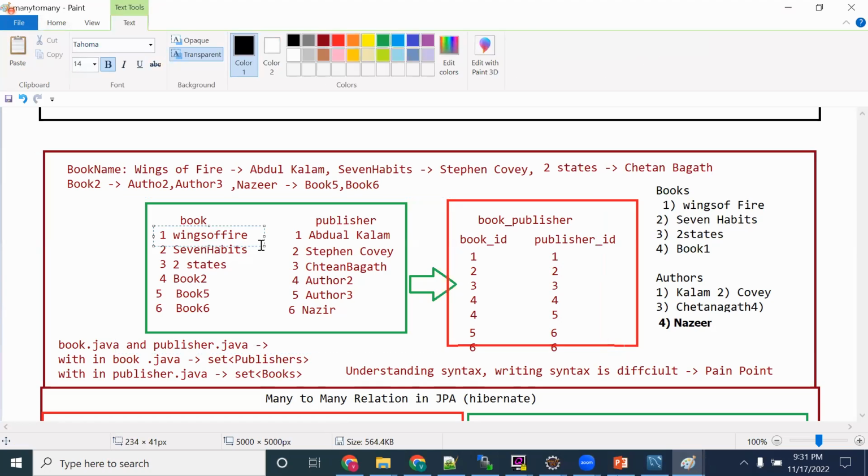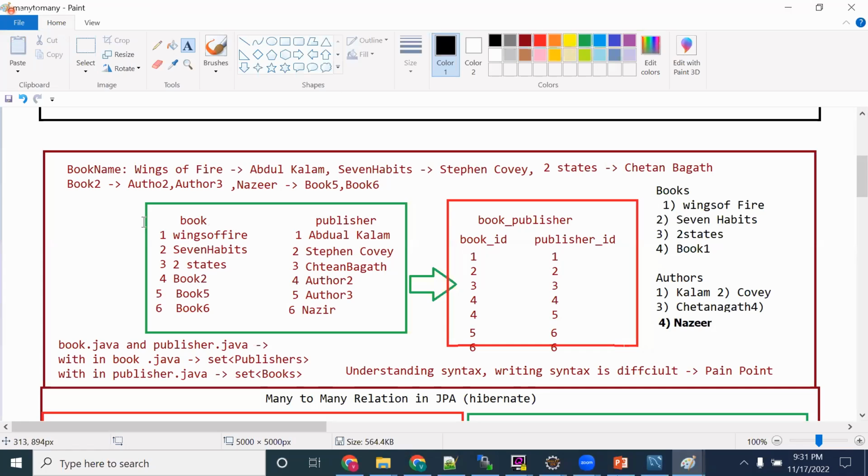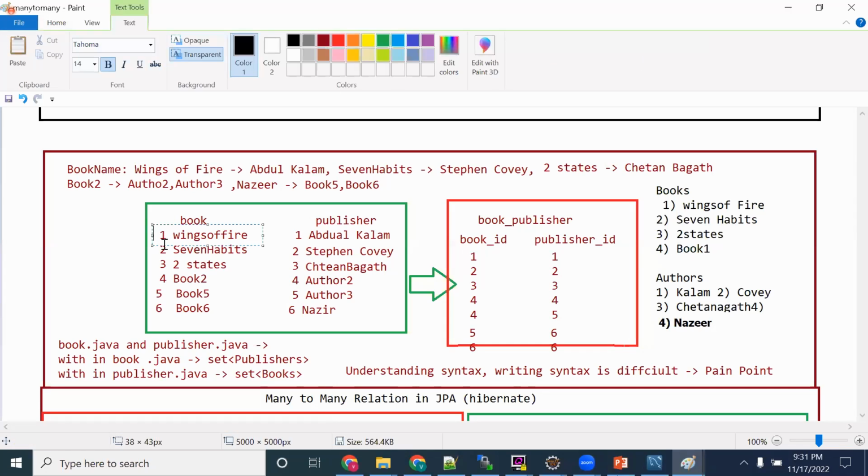I don't know what identity value I am getting, so I need to get that identity value. I am inserting into the publisher table, Abdul Kalam. Again, I need to get the primary key of Abdul Kalam. Then I need to write inserts, one insert for one record.